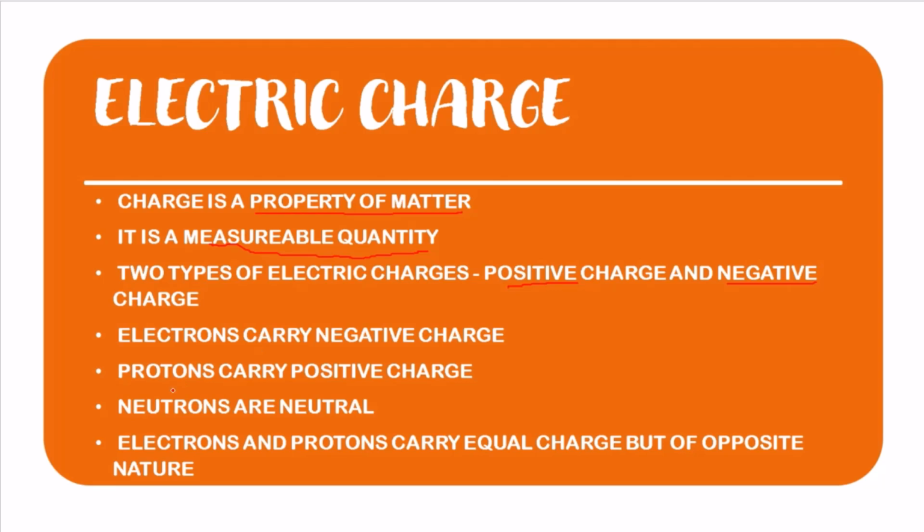Electrons and protons are charge carriers. Electrons carry negative charge, while protons carry positive charge. Neutrons are neutral. They have no charge. Electrons and protons carry equal charge, but of opposite nature.